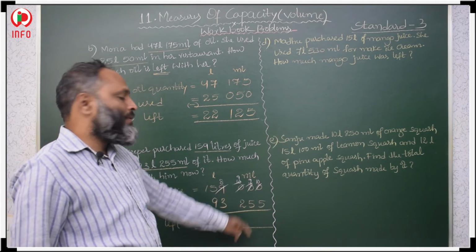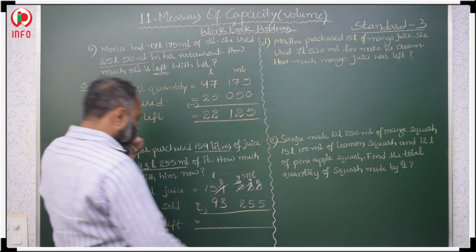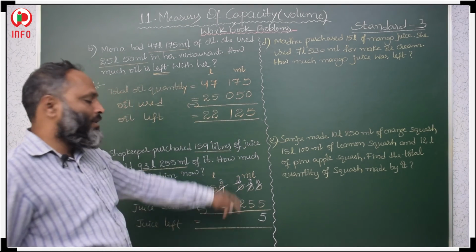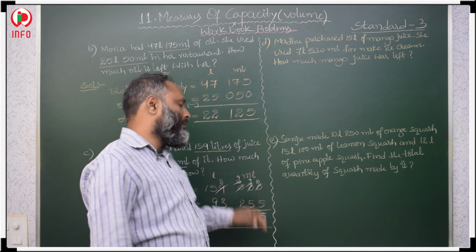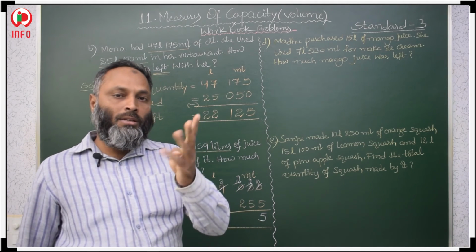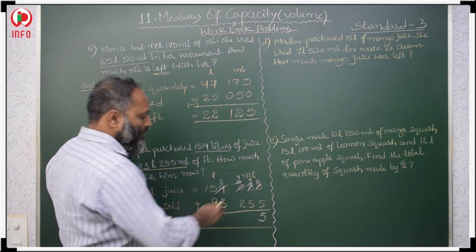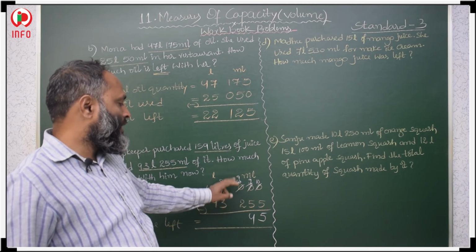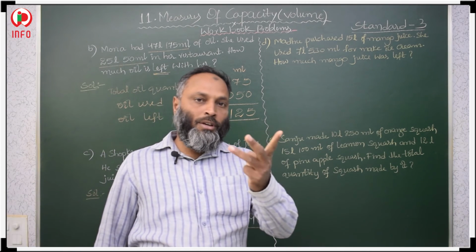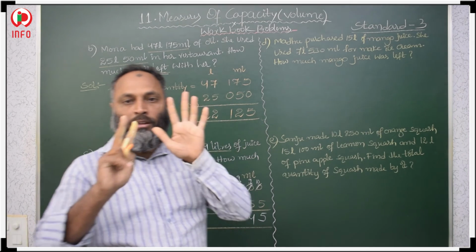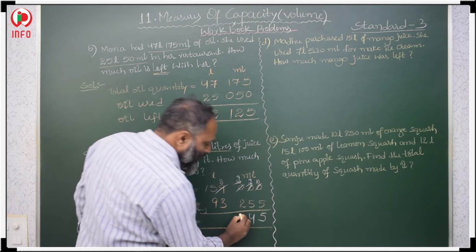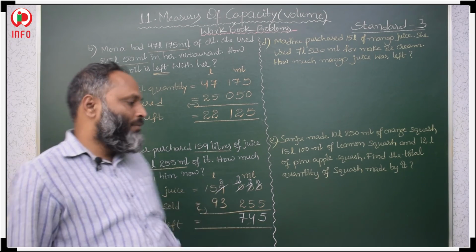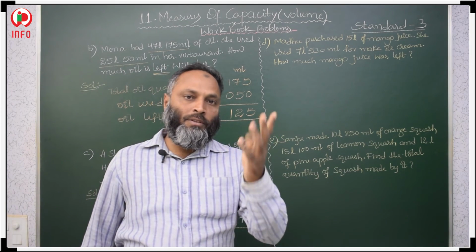Now 10 minus 5 is 5. 9 minus 5 means 6 to 9 we have to count. 6, 7, 8, 9. It is 4. 9 minus 2 means 3 to 9 we have to count. 3, 4, 5, 6, 7, 8, 9. It is 7. 8 minus 3 means 4 to 8 we have to count. 4, 5, 6, 7, 8.